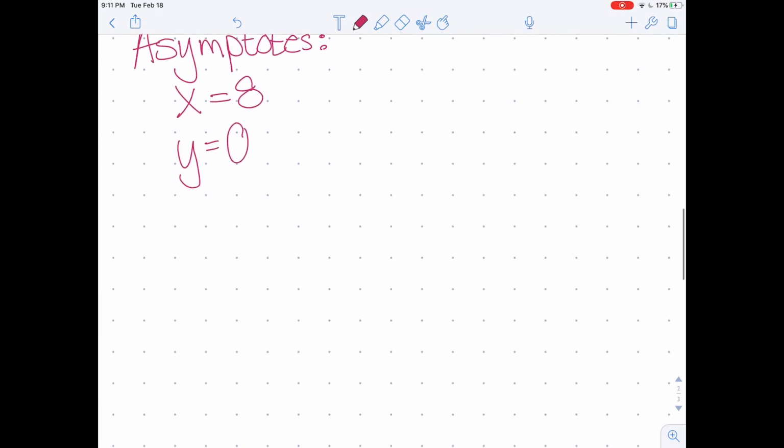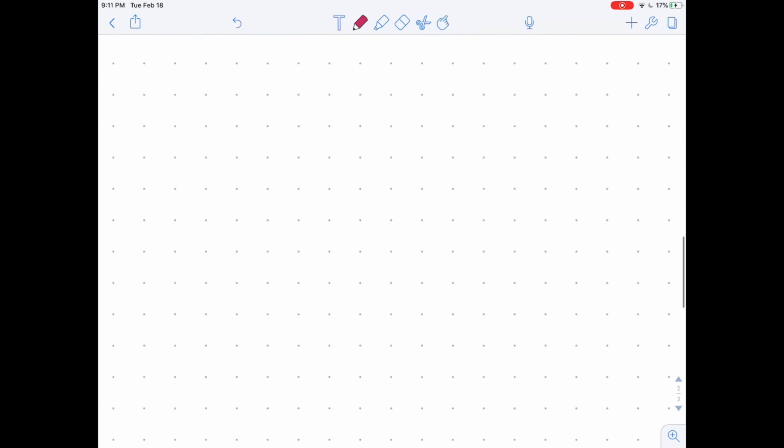Okay, it's a lot easier than you probably originally thought. Let's look at another one of these. If I have y equals 4 over x plus 10 plus 3. Right away we've got b is 10, c is 3.